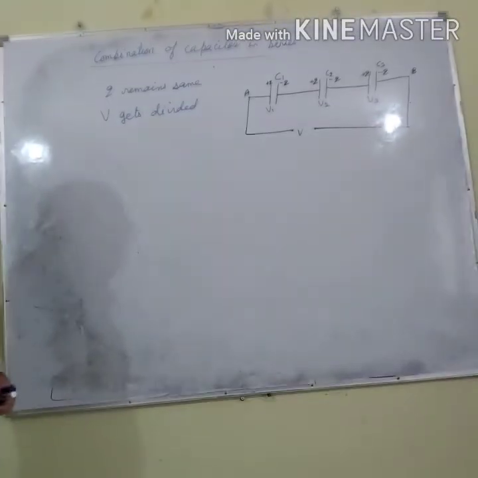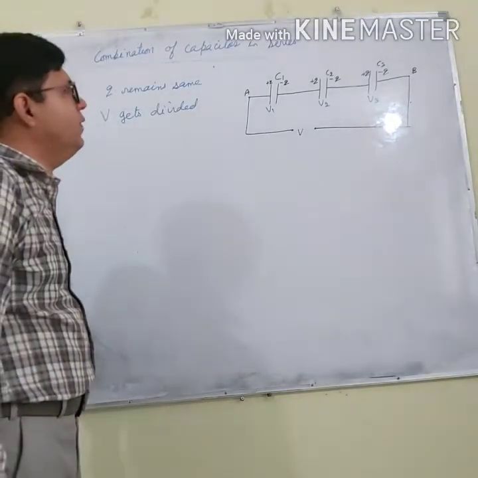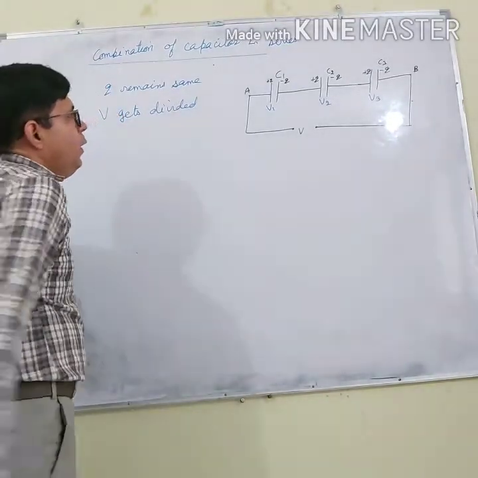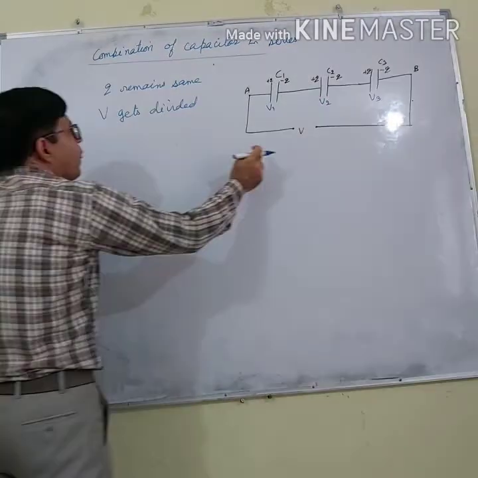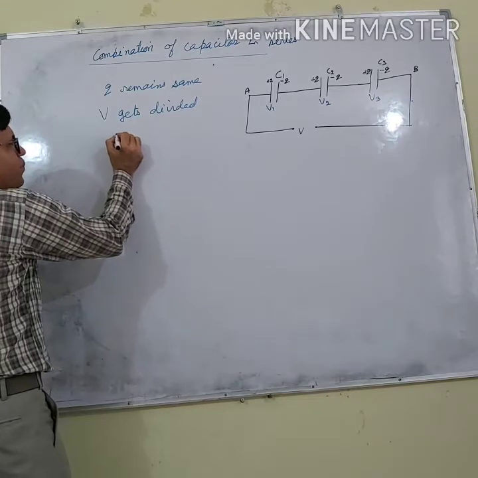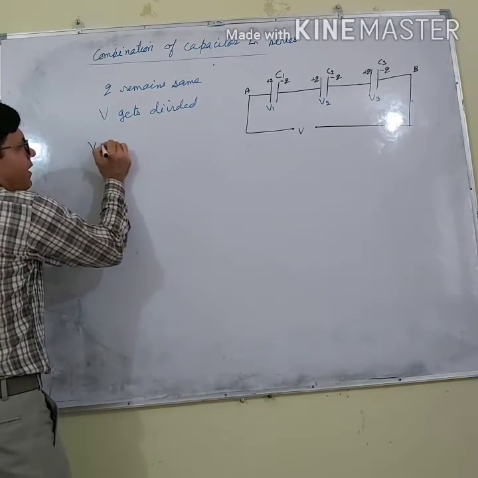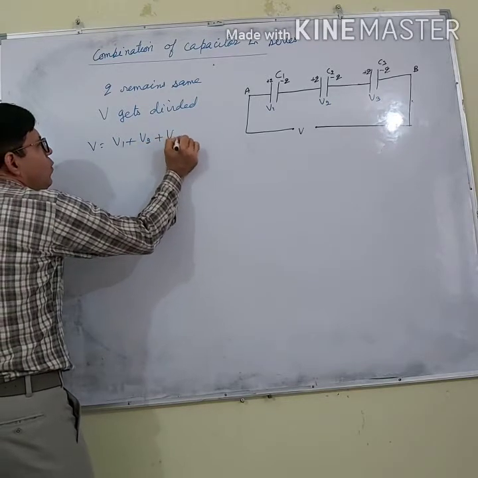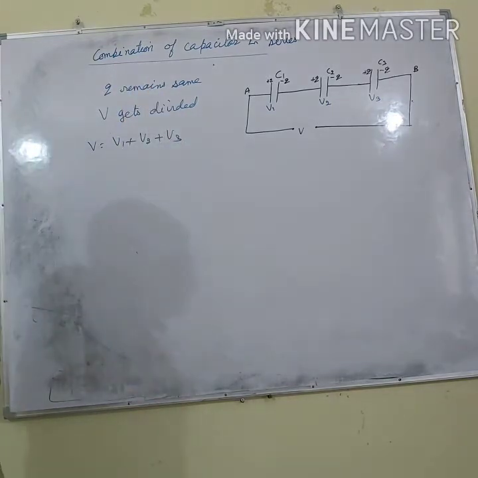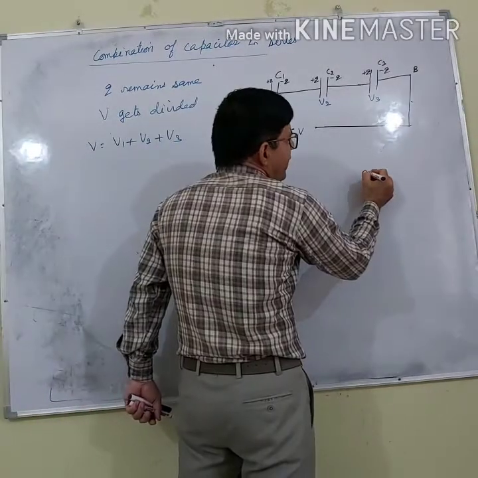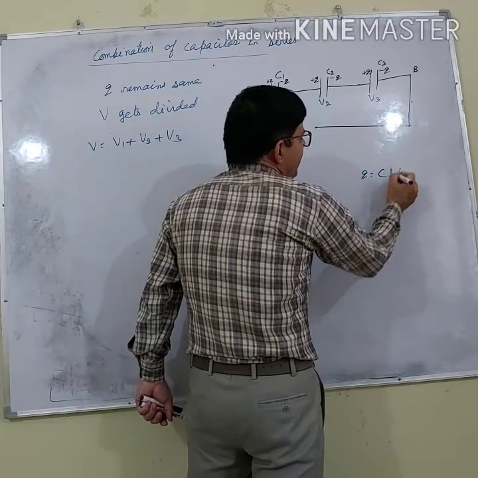Potential on C1 is V1, potential on C2 is V2 and potential on C3 is V3. Now the total is V. So I can say that V equals V1 plus V2 plus V3.